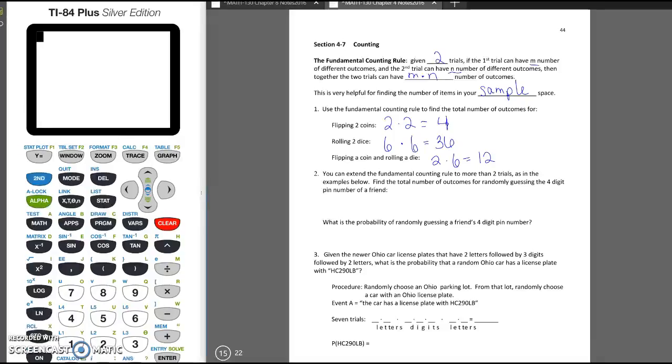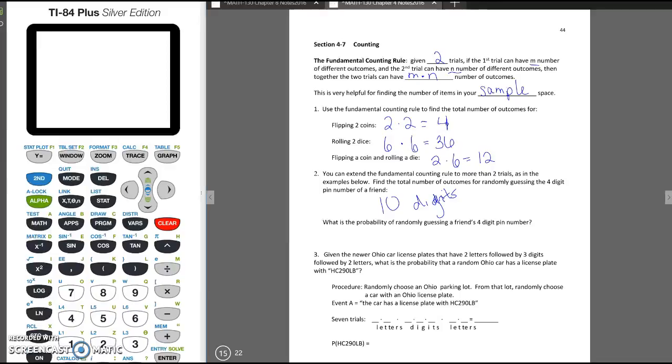So here, number 2 tells us that we can extend the fundamental counting rule to more than 2 trials. So you will just multiply however many different things you have. Find the total number of outcomes for randomly guessing the 4-digit PIN number of a friend. So let's assume you can use any number, so that means there's 10 different digits available for each spot.